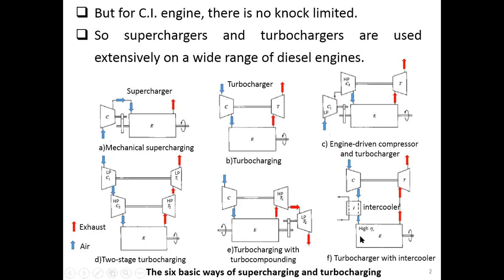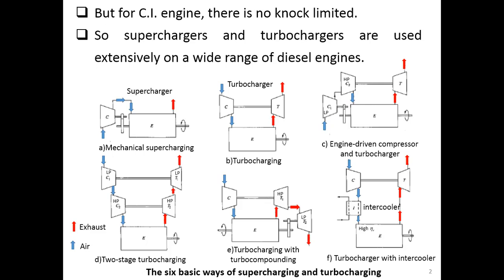If we can reduce the temperature of the air that flows into the engine, the density of the air increases, which means the volume of the air reduces. So we have more space to introduce a greater amount of air into our engines.